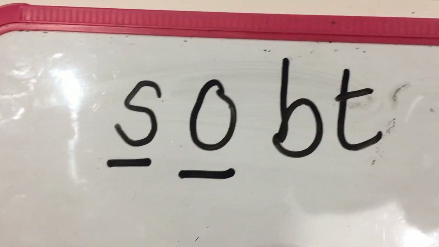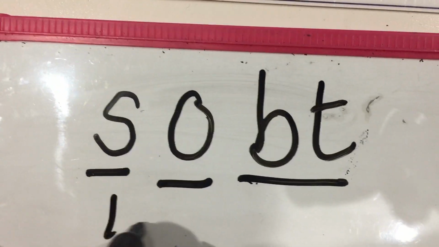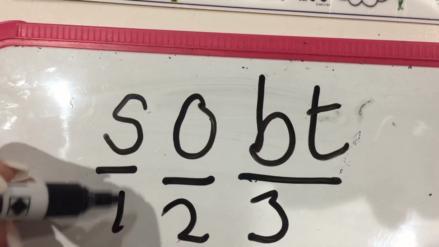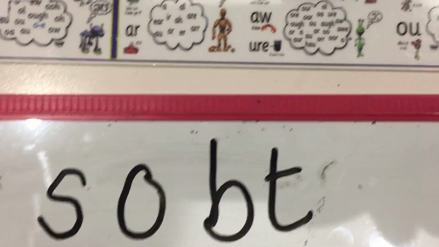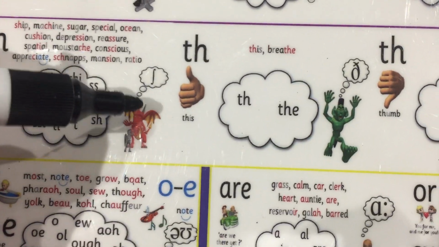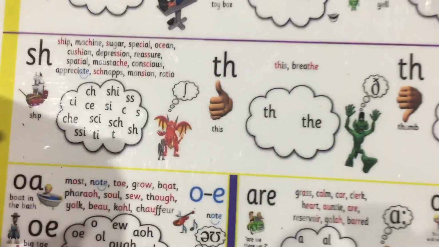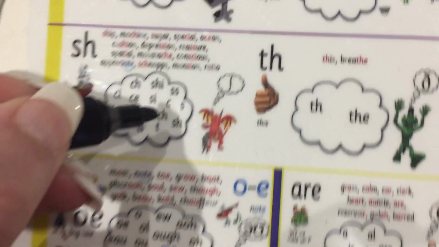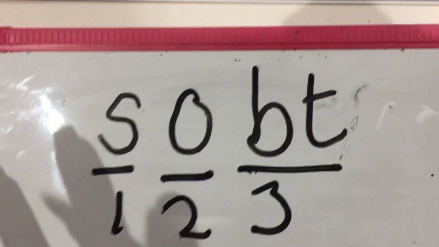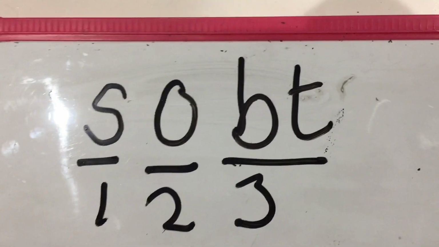Could this be shut? If it's shut, it's got to be 3. Could the S be a representation for the sh sound? Well, have a look. That's the phonetic symbol. That's our monster, just a character as an alternative to a phonetic symbol. So sh. Could it be? Yes, it could. So far so good. So my clue of, if I'm cold, I'm going to want to do this to the door.